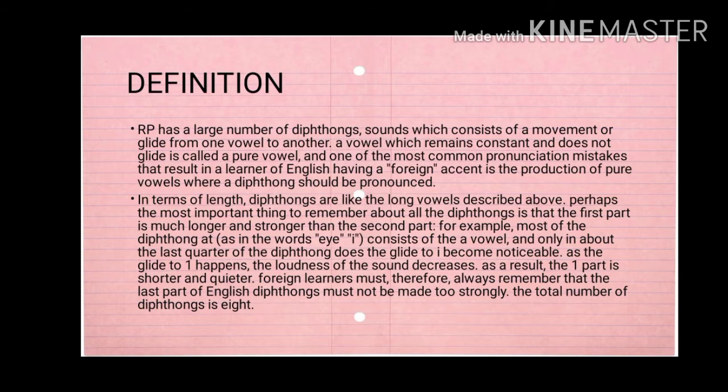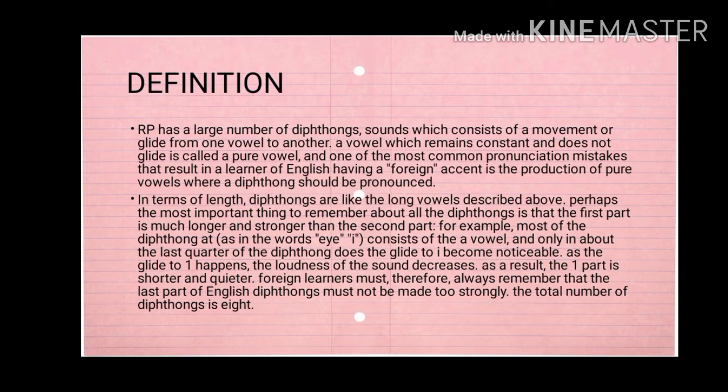For example, most of the diphthong as in the word I consists of the vowel and only in about the last quarter of the diphthong. Thus, the glide to I becomes noticeable as the glide happens.